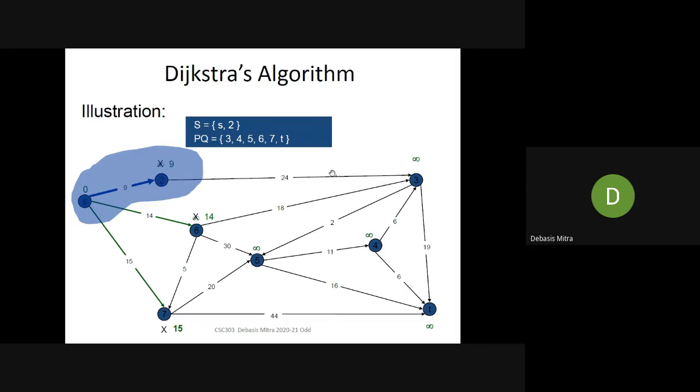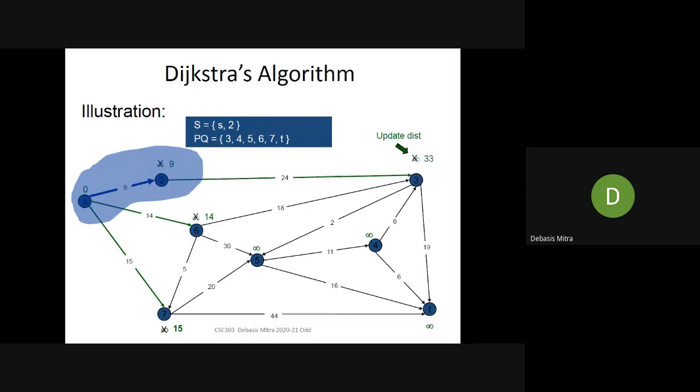So again, what will be the condition? 24 plus 9 is less than infinity. So the d value of this node 3 will be replaced by 24 plus 9, that is 33.